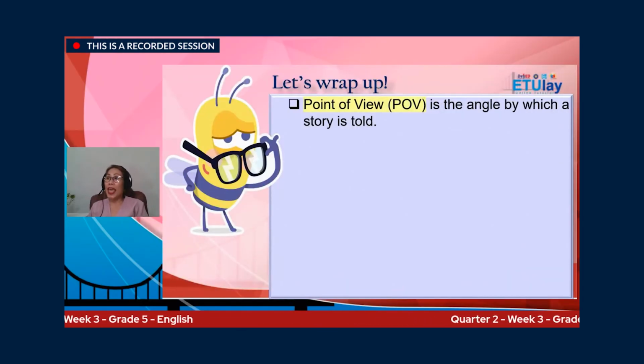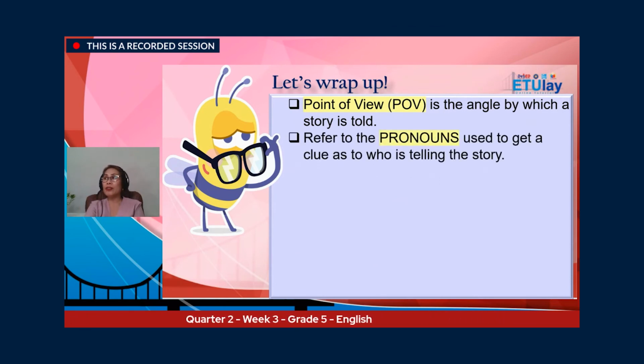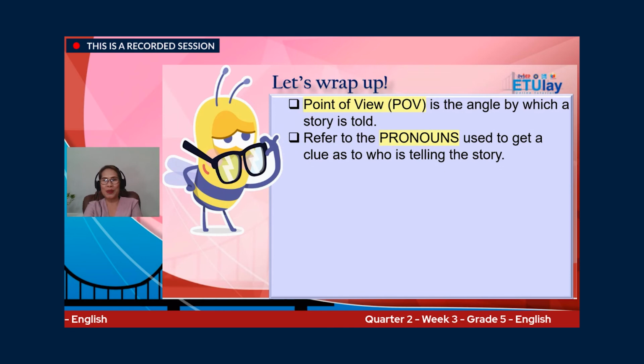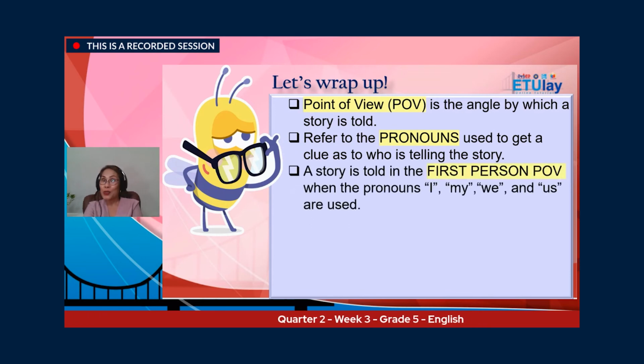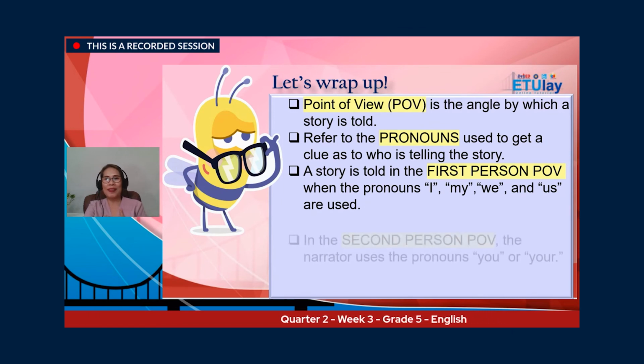Point of view is the angle by which a story is told. Refer to the pronouns used to get a clue as to who is telling the story. A story is told in the first person point of view when the pronouns I, my, we, and us are used.